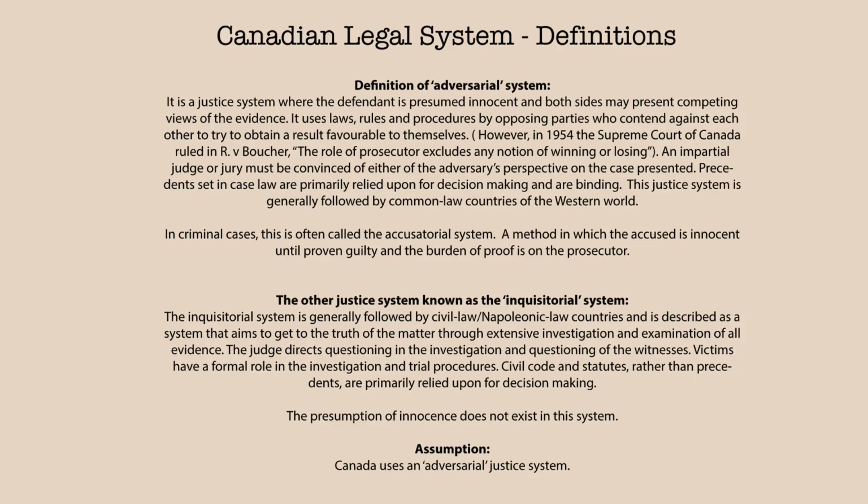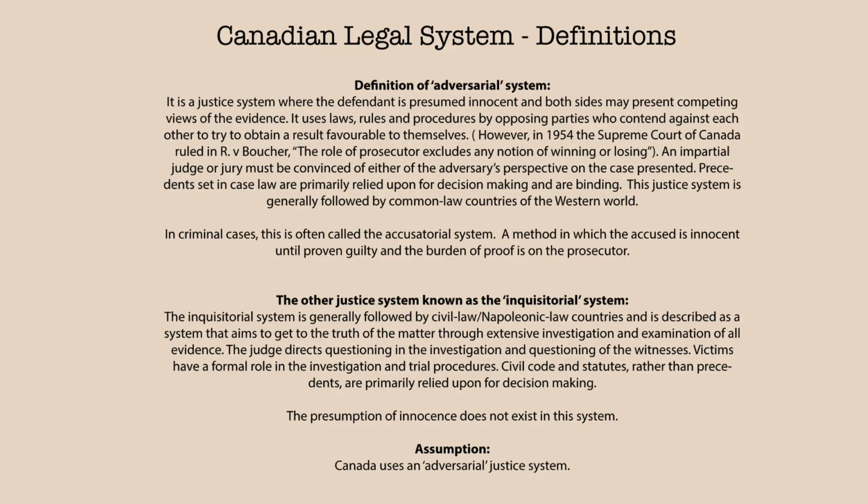The definition of the other justice system, known as the Inquisitorial system, is this. The Inquisitorial system is generally followed by civil law or Napoleonic law countries and is described as a system that aims to get to the truth of the matter through extensive investigation and examination of all evidence. The judge directs questioning in the investigation and the questioning of the witnesses.